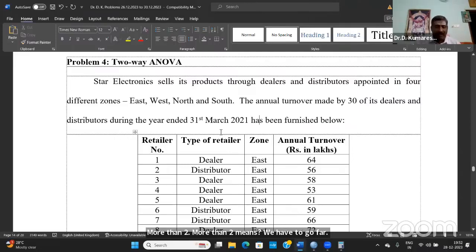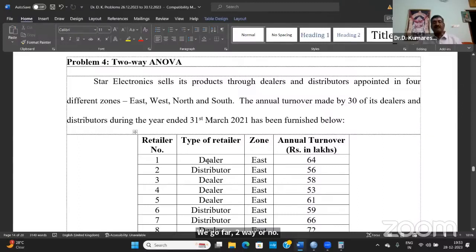Two way, because one more independent variable is given, that is type of retailer. But the type of retailer contains only 2 categories. No problem. Since one of the independent variables contains more than 2 categories, you can go for ANOVA. Since there are 2 independent variables and the dependent variable is scale data, we go for two-way ANOVA.